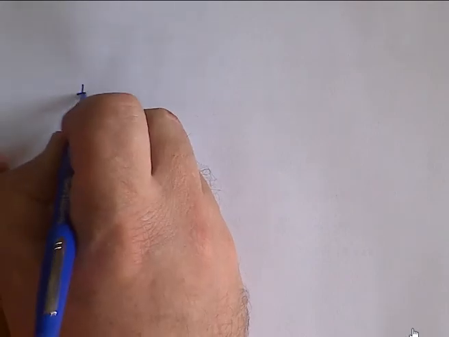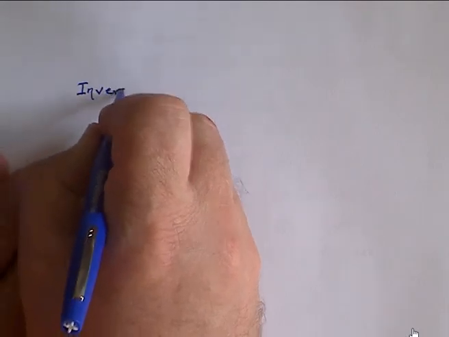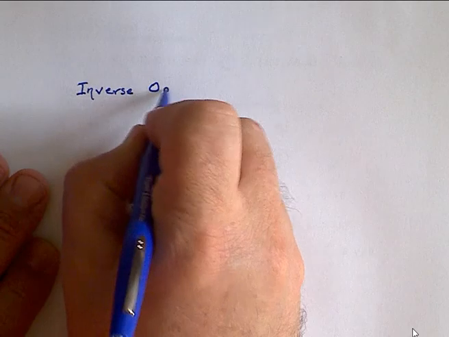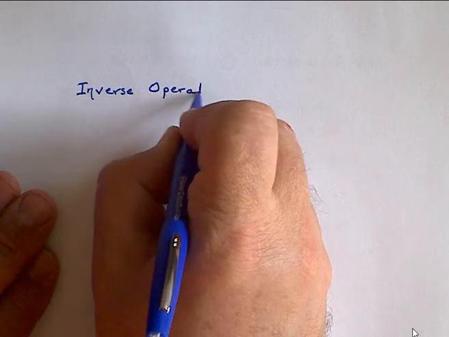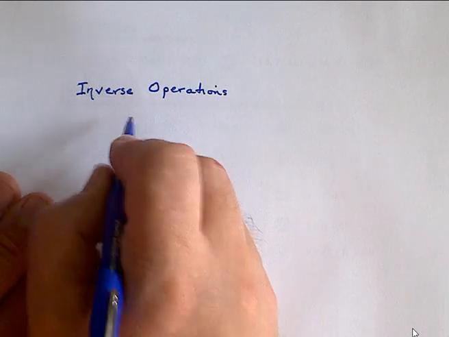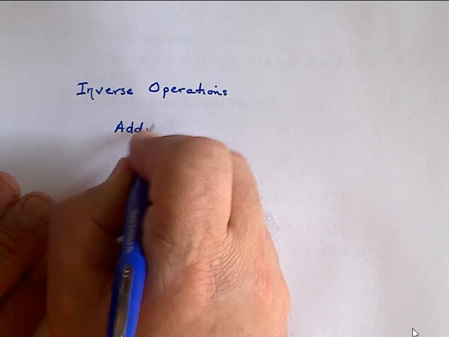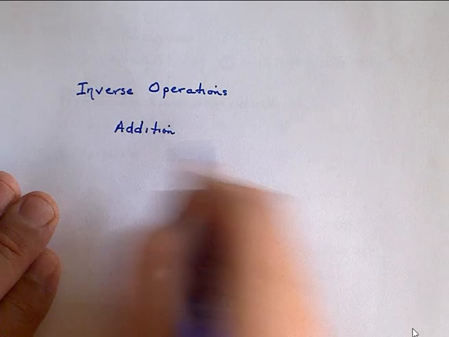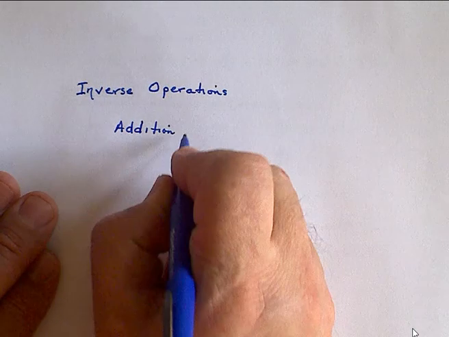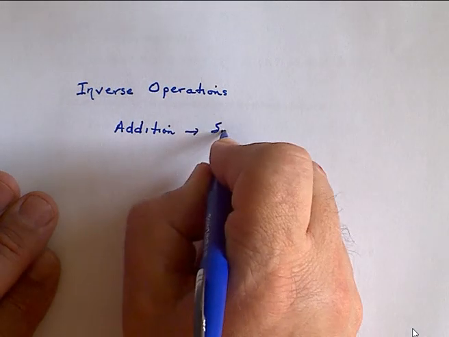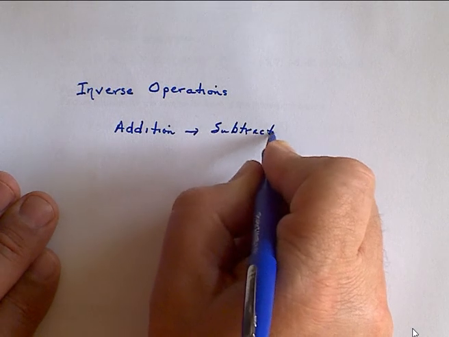So, first of all, an inverse function. We've talked about inverse operations. We know, for example, that if we have an equation that contains addition, the inverse operation that we would use to undo that addition would be subtraction, and vice versa.